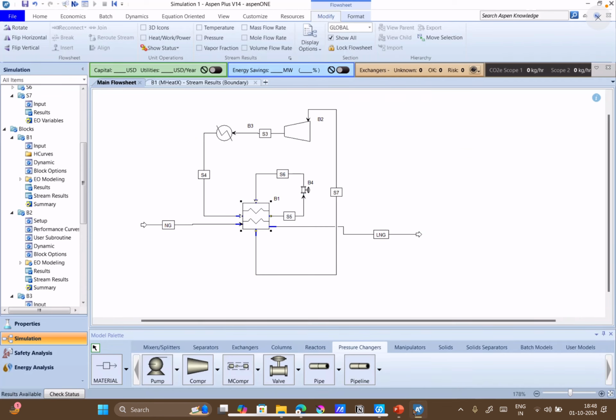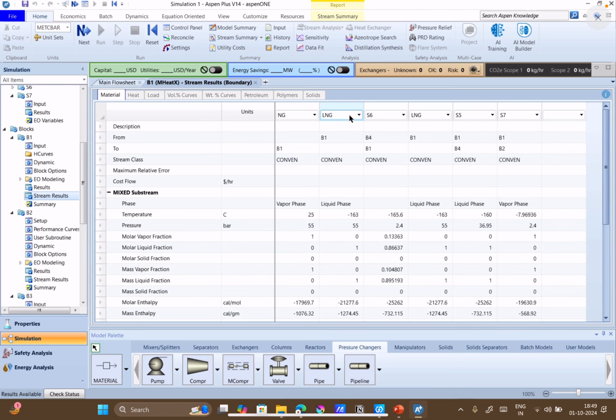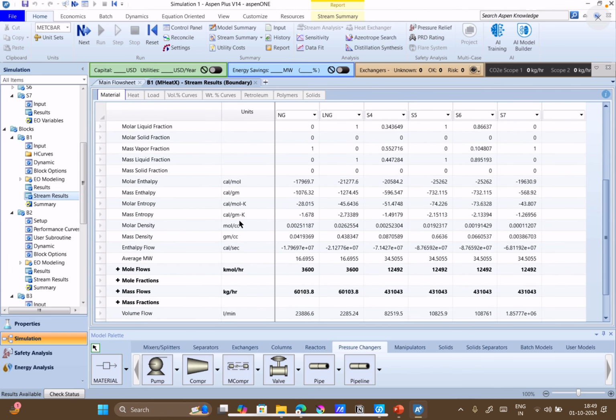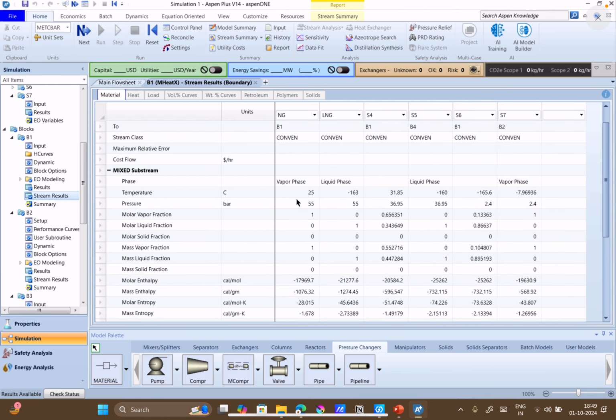So coming back to our results, let's see the stream results. S4 is connected to S5 and S6 is connected to S7. So what is happening: first let's look at the natural gas NG, which came at 25 degrees centigrade and was cooled down to minus 160 degrees centigrade, and we got an LNG.